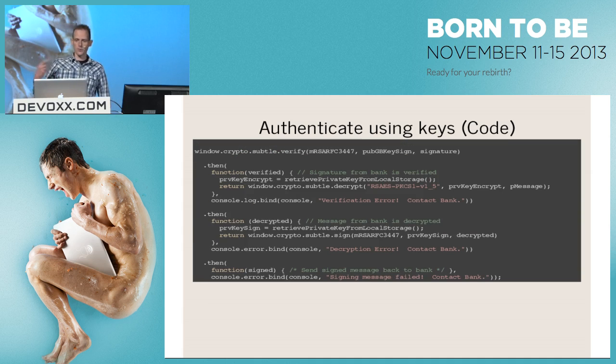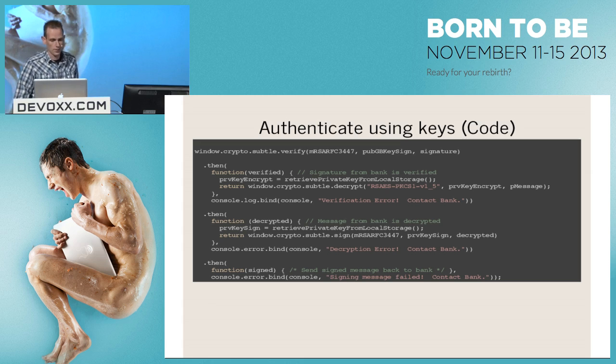If we have all that information, we can just call verify, specifying the dictionary that contains the algorithm, the public key of the bank, and the signature that we got from the bank.